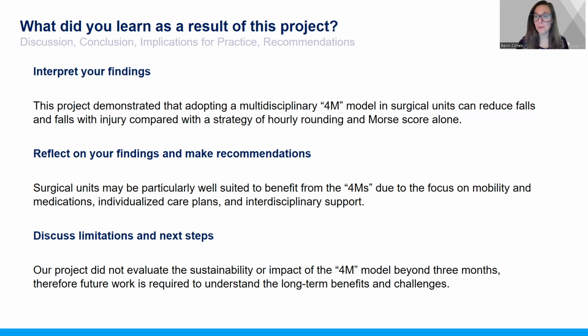Was this a sustainable practice? Did you need any re-education of your staff going forward? So this is an appropriate opportunity to talk about what you might do in the future and also any limitations of what you've presented. And in this case, a main limitation is just that you're only reporting the results for a 3-month period.